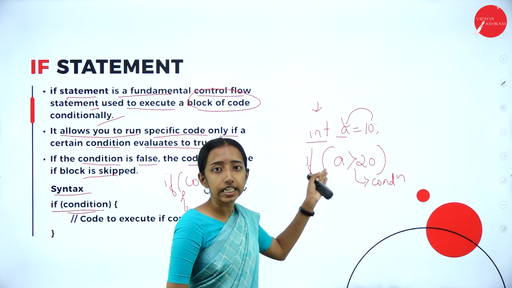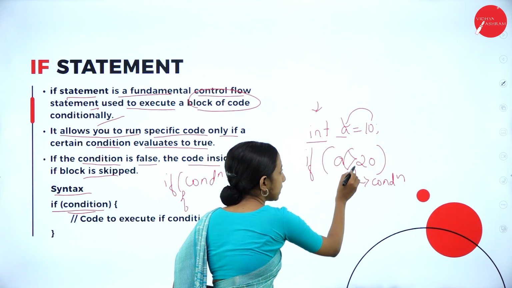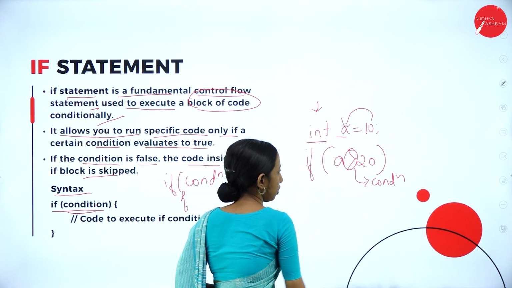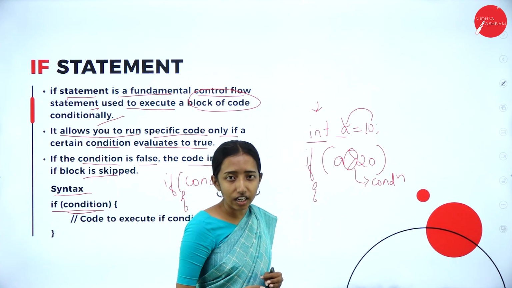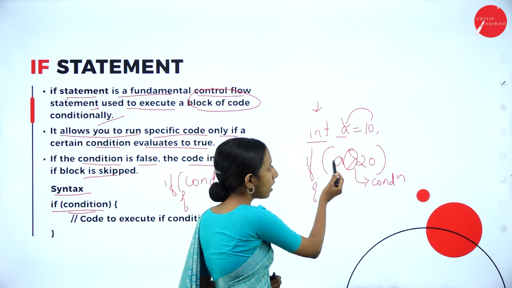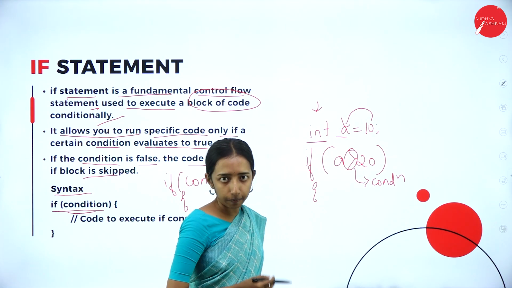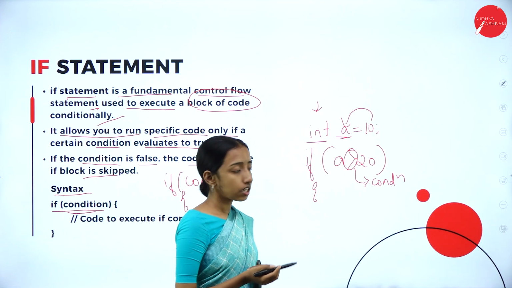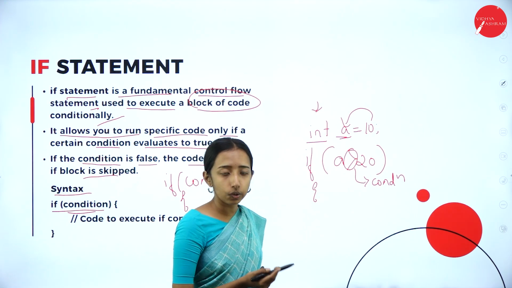I am using the relational operator greater than. I am asking whether a is greater than 20. Now, if you see, I have taken a = 10. So 10 is not greater than 20.